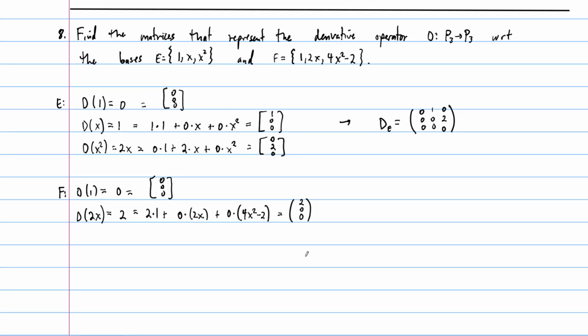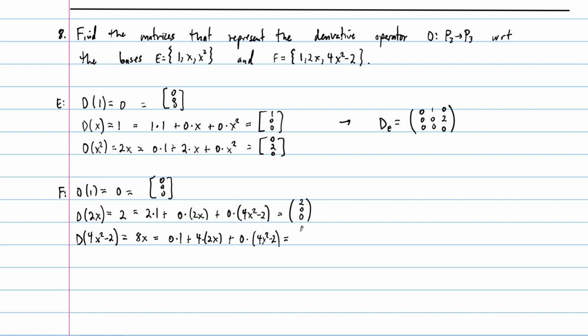Right? And then finally we take the derivative of 4x squared minus 2. It's just basic calculus, but when you take this derivative, this is now 8x. So this one's going to be 0 times 1. It's then going to be 4 times 2x, right? We have to get it in the same basis. This is 8x, so 4 times 2x plus 0 times 4x squared minus 2.